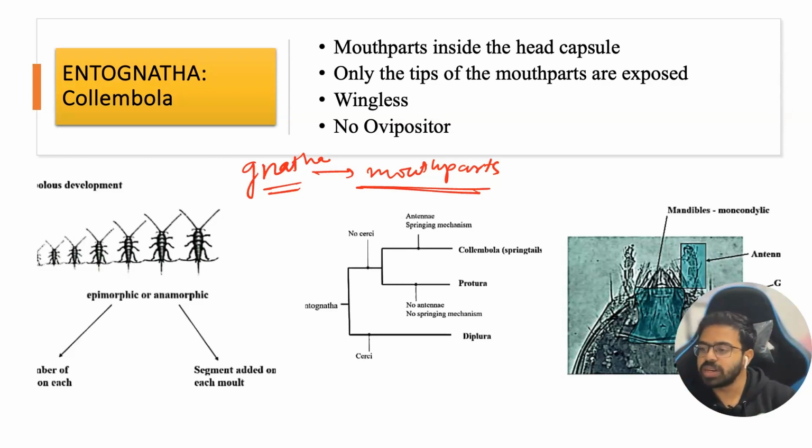Now study the head characteristics of that particular order, whether it is hypognathus, prognathus or opisthognathus. Then compile the facts: presence or absence of compound eyes, presence or absence of ocelli, and the mouth parts, whether biting, piercing, or sucking, whatever it is.